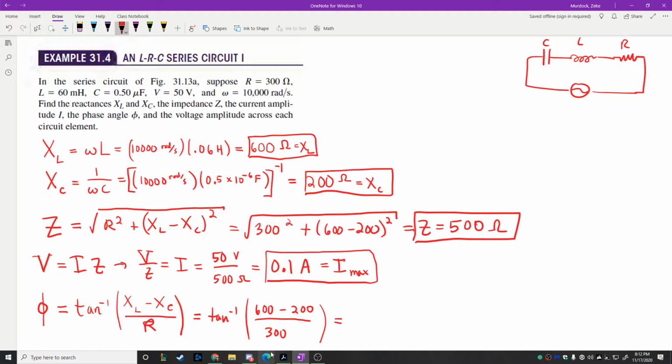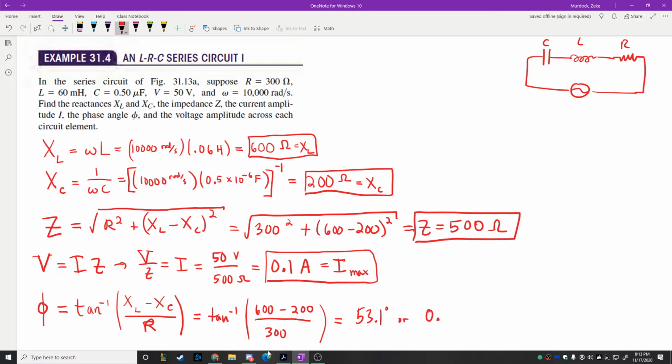What does that give you? We'll do an answer in degrees and radians. What's that equal to? In degrees, I'm willing to bet it's 53 degrees. And in radians, 0.93, that sounds right.